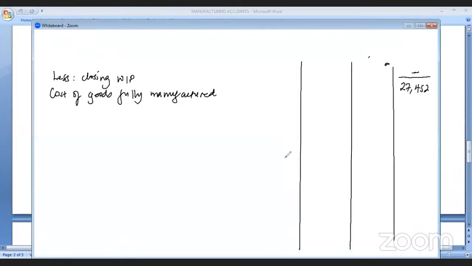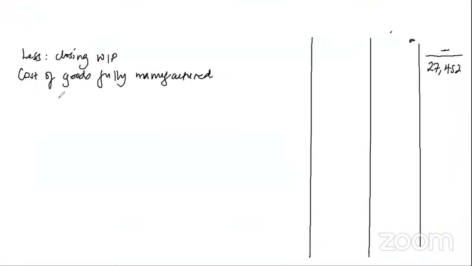So there is a manufacturing profit, which I'll have to add on the cost of goods fully manufactured. So we say add the manufacturing profit.